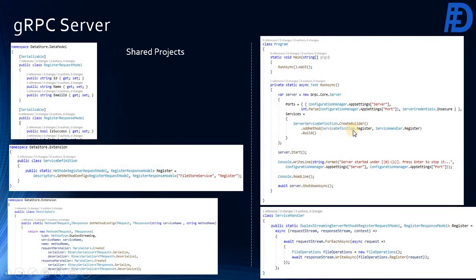That's why we need the service definition to be shared across server and client. Here you can see a service handler register is given for the register service definition. That means we have to create a service handler so that whatever request comes from our client to the server can be handled at our server end. Here your method, file operations, is actually called in your service handler.